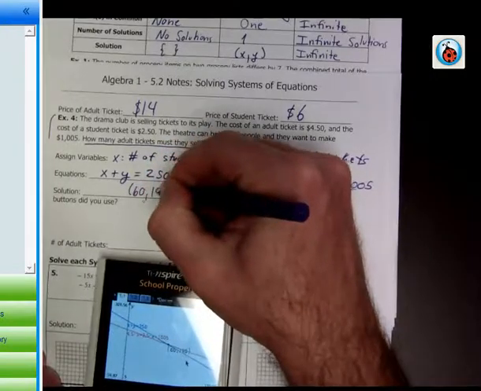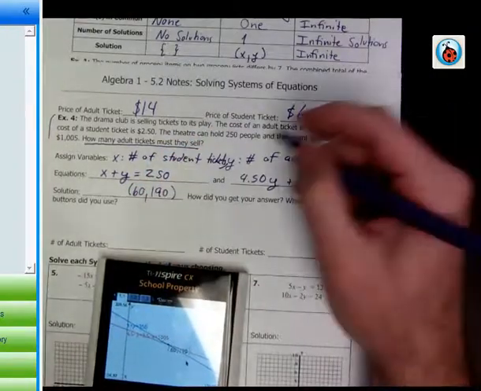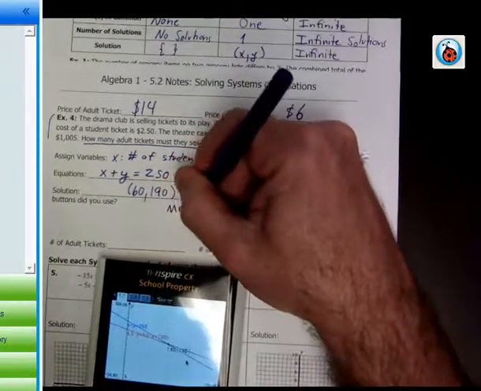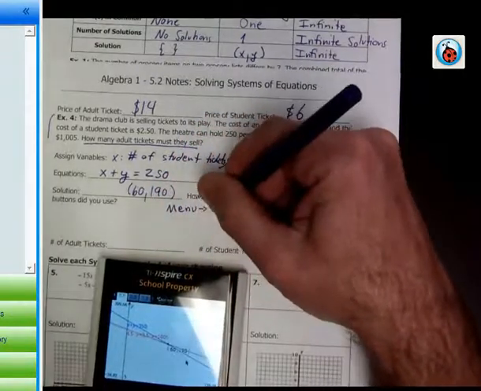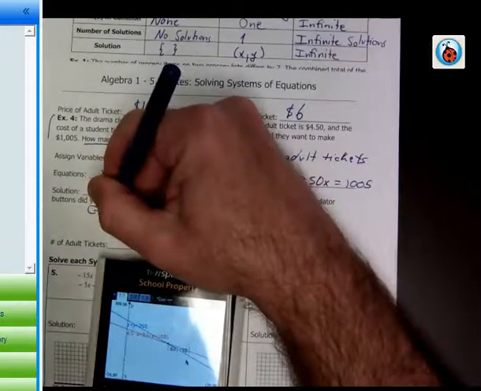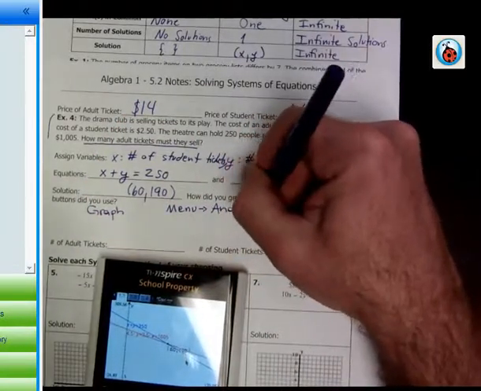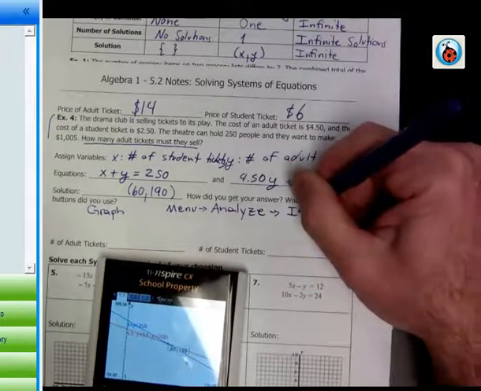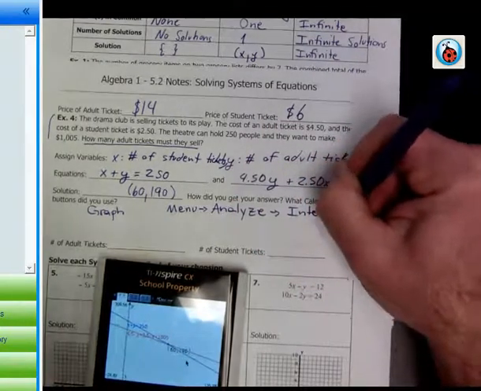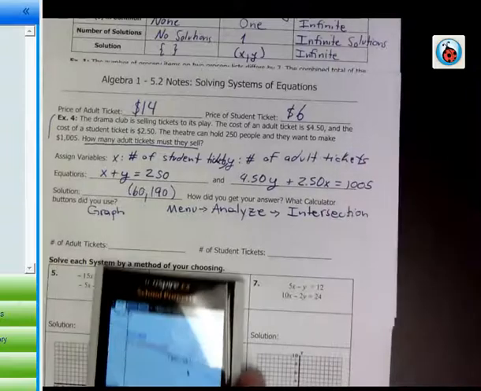Sometimes it will ask you to make that square, as you saw. Okay, this time we graphed, right? So graph, and then do menu, analyze graph, intersection.